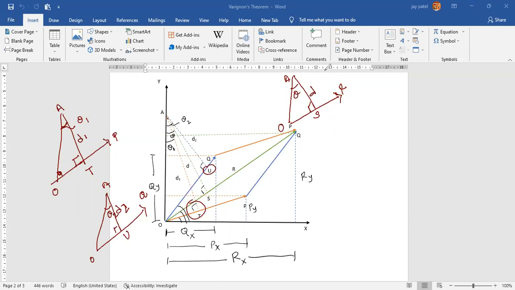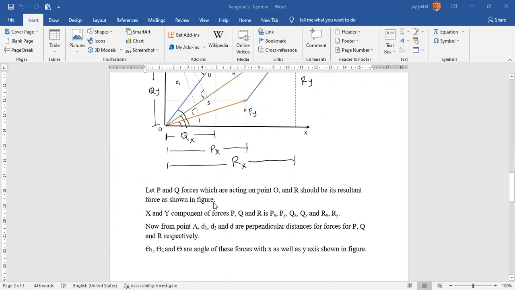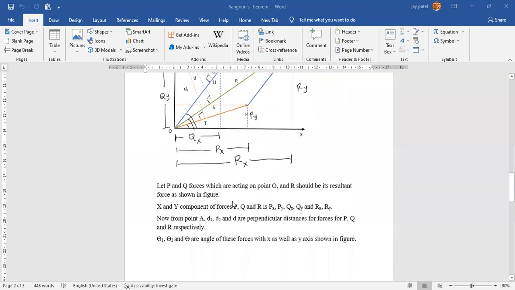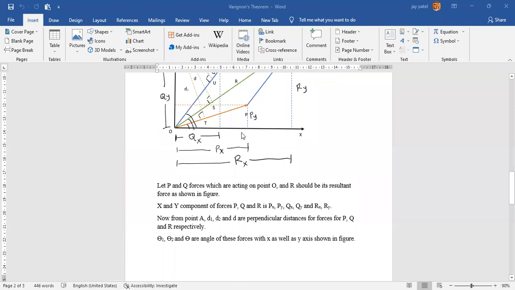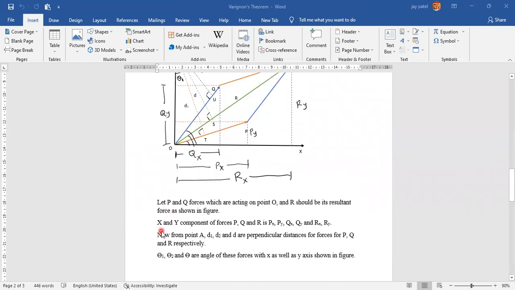Fine. Now whatever we drew in the sketch, the same thing is written. Let P and Q forces be acting on point O, and R be the resultant of the forces. X and Y components of P, Q, R are Px, Py, Qx, Qy and Rx.